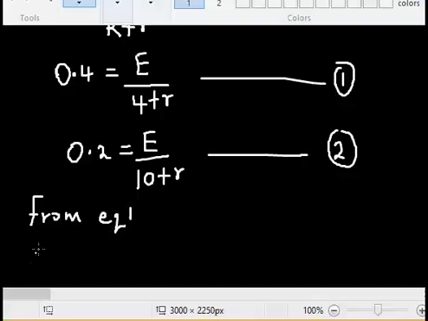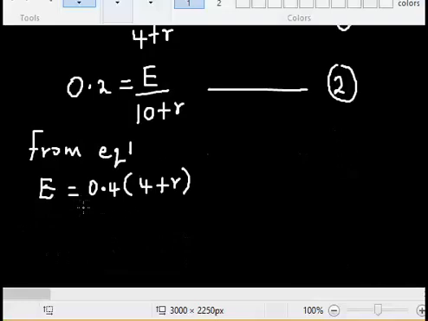If I cross multiply equation 1, I have that E is equal to 0.4 open bracket 4 plus R. I just made E the subject.